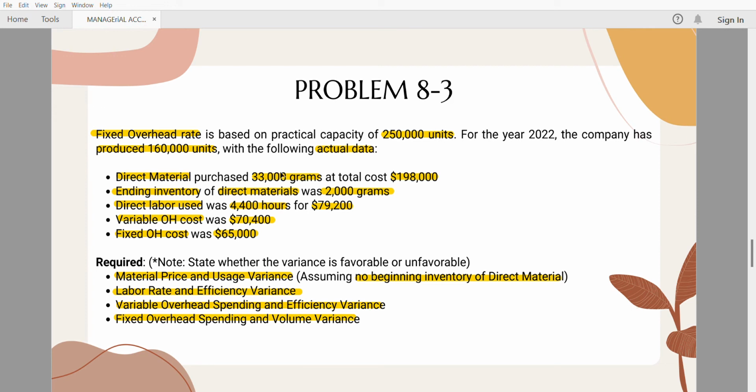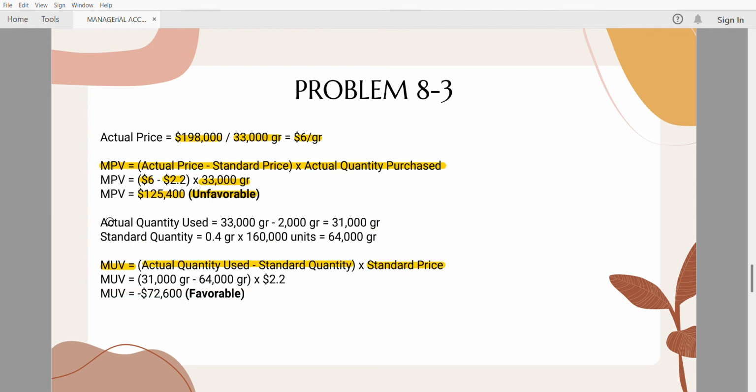So at the beginning they have 33,000, they purchased 33,000. At the end, only 2,000 was left. So we can assume that the actual quantity used is 33,000 minus 2,000. We get 31,000 grams used. So it's used in the material. So we use 31,000 grams.